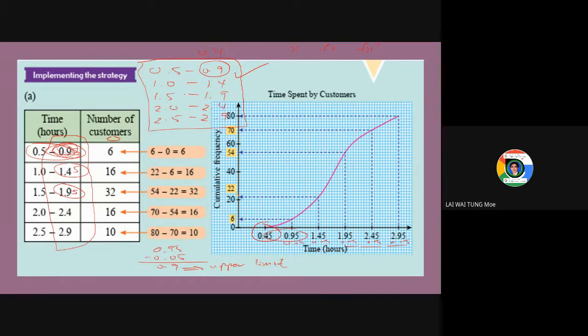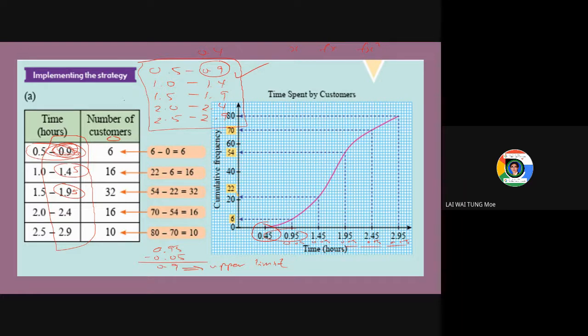If you don't get this correct, your midpoint will be wrong, your fx will be wrong, your fx squared will be wrong, and everything will be wrong. So it's very important to get the class interval correctly. If the question doesn't give it, you have to find it from your ogive. So this is how you find it.